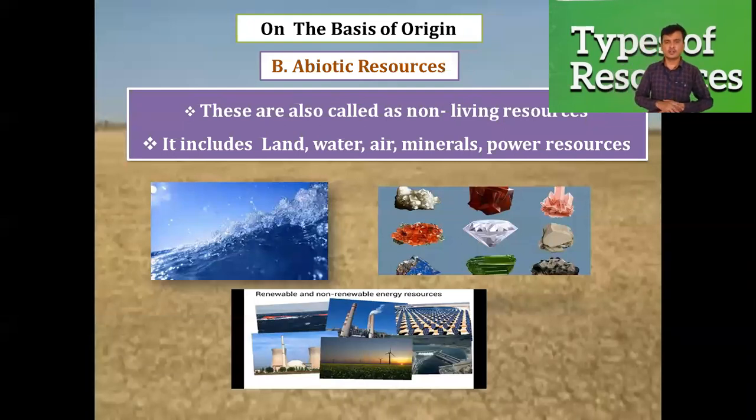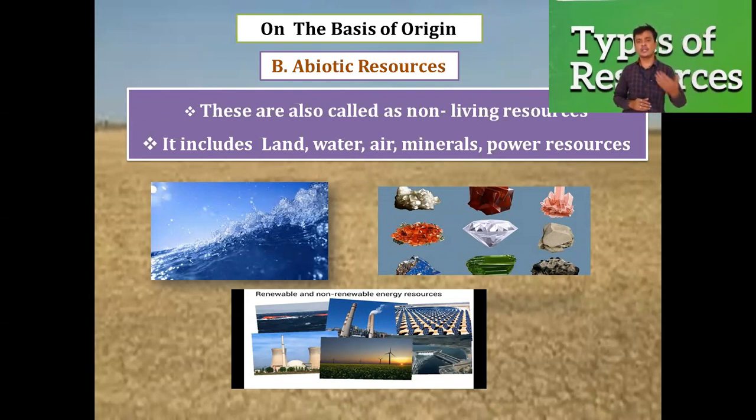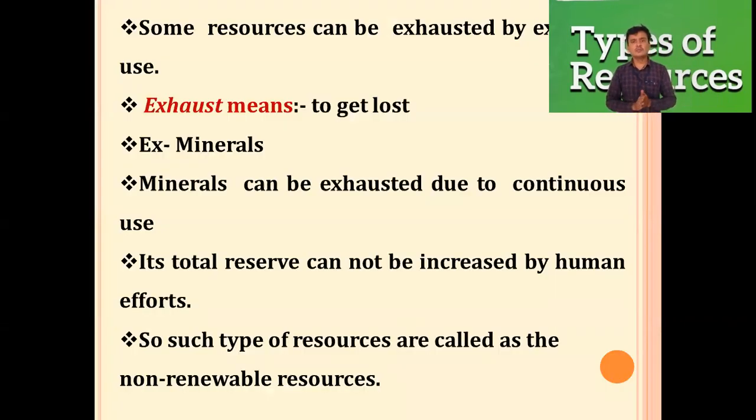The second one is abiotic resource. These are also known as non-living resources. They include land, water, air, minerals, power resources, etc. Some resources can be exhausted. Exhausted means they get lost or finished. Example, minerals. Minerals can be exhausted due to continuous use.